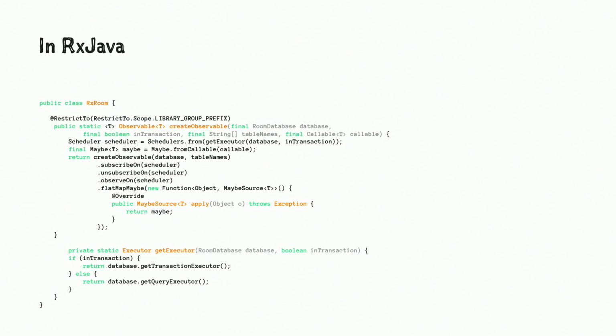And if we're looking at examples from RxJava, for example, we'll see here that we're doing observe on and subscribe on schedulers, and we're getting those schedulers from the database executors, which will be a query executor if it's just a read, and a transaction executor if it's a write.